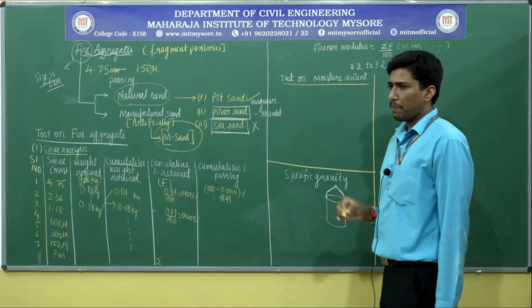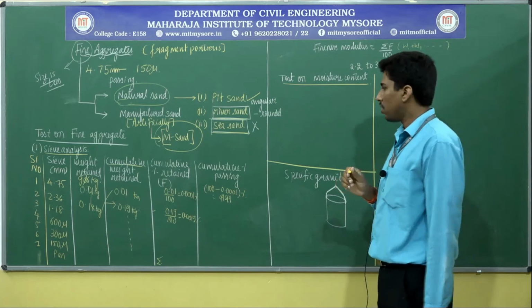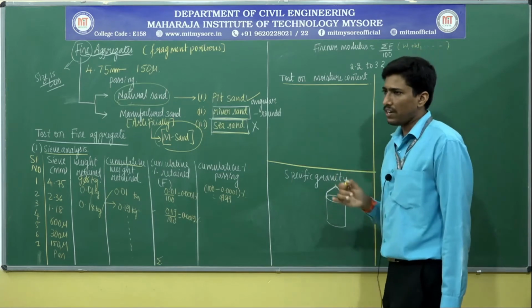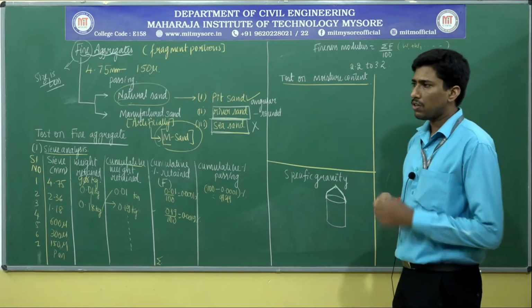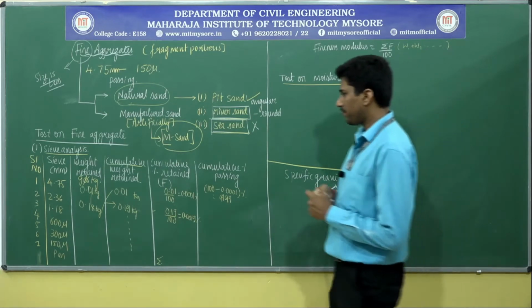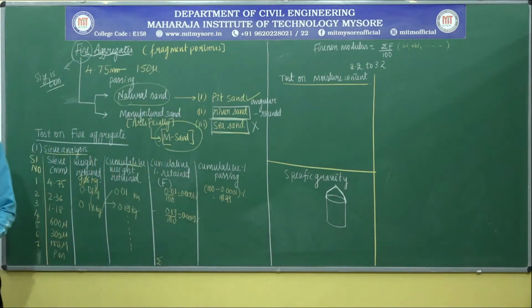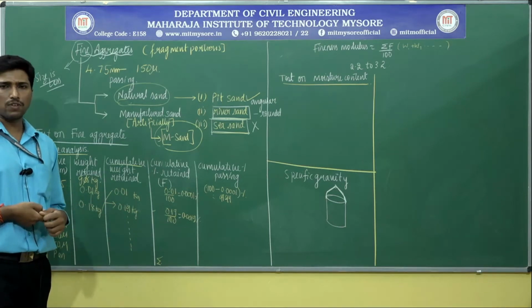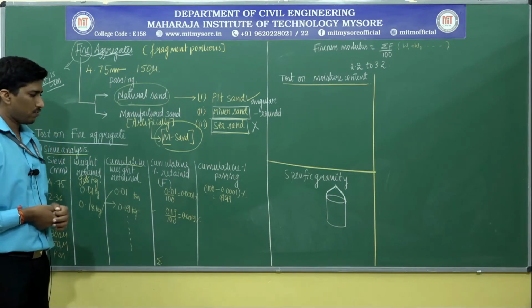Then, finally divided by 100, it gives you the fineness modulus. This is expressed as a percentage here, literally in terms of kg. If you convert it into grams, it will give you different values.